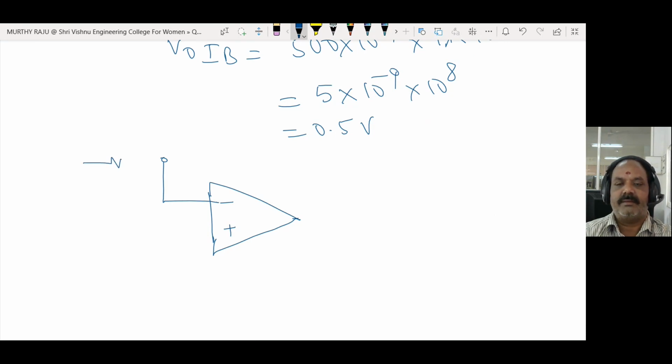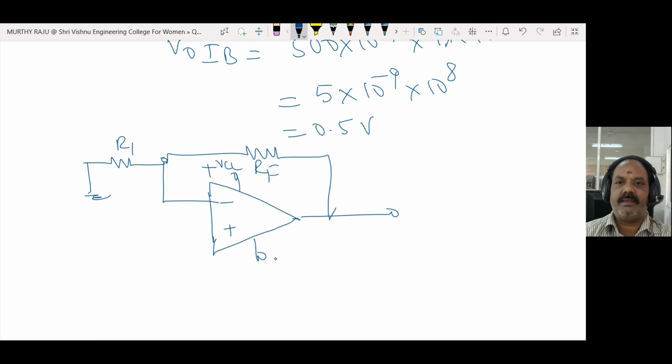This one is R1. This one is Rf. Plus VCC, minus VEE. This one is connected to ground.